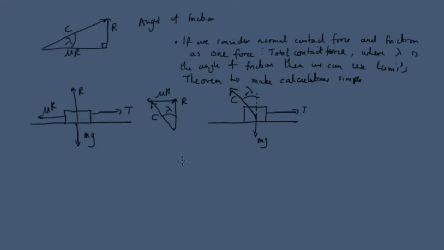Now if we consider just some simple trigonometry, the tangent of lambda is going to be equal to friction over the normal contact force. The R's are going to cancel, so what we have here is the angle of friction, lambda, is going to be equal to the inverse tangent of the coefficient of friction.